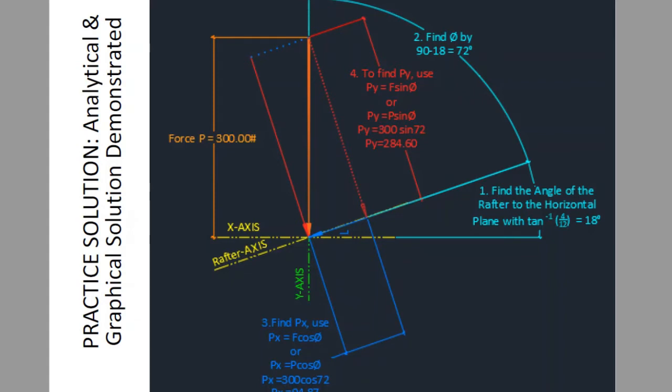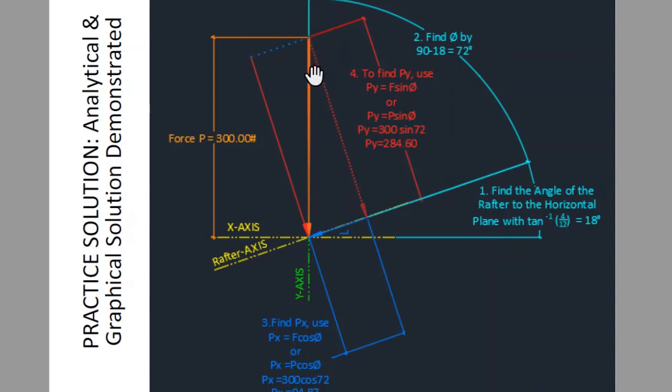So let's take a look at what this all means graphically. We have force P that is on the vertical, and it is equal to 300 pounds. And then the first thing we have to do is find the angle between the rafter axis and the horizontal plane, that is 18 degrees.